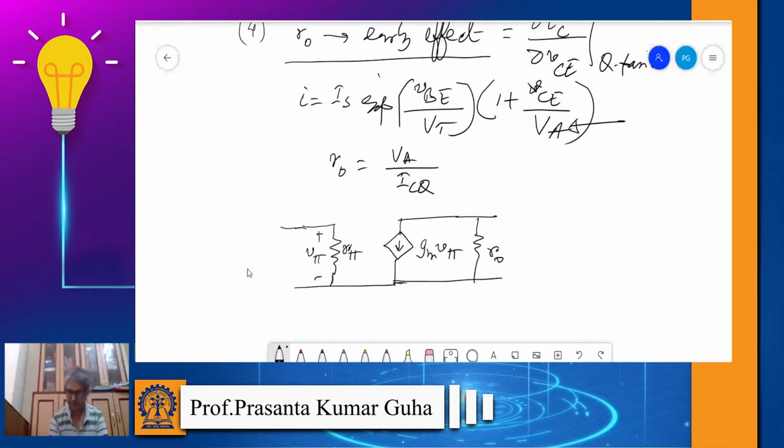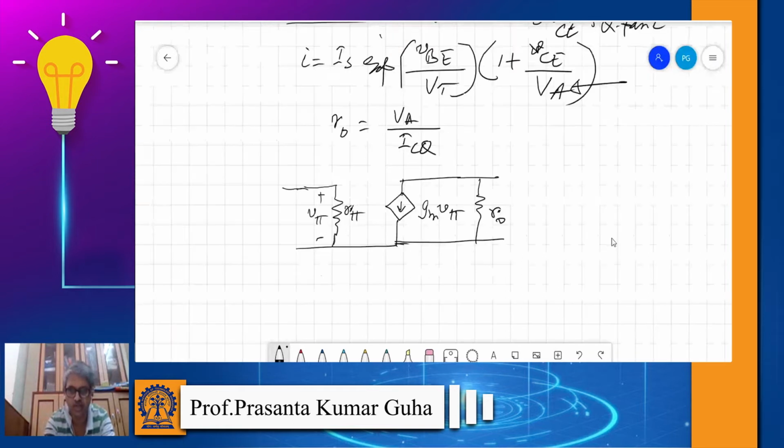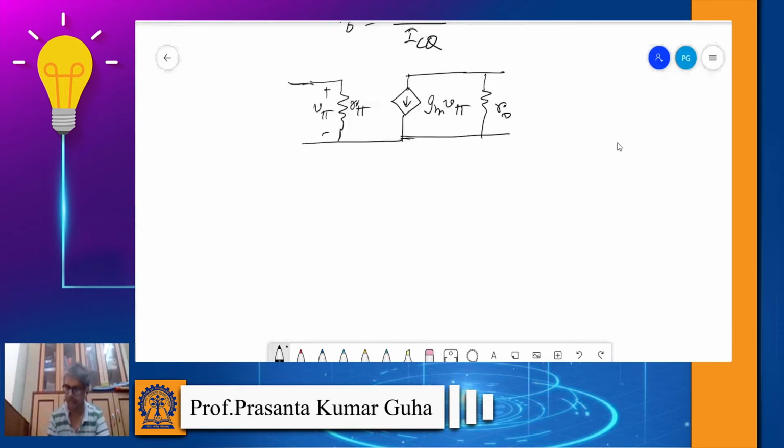Now one important thing I forgot to mention in the last class, that is input and output impedance of any amplifier.